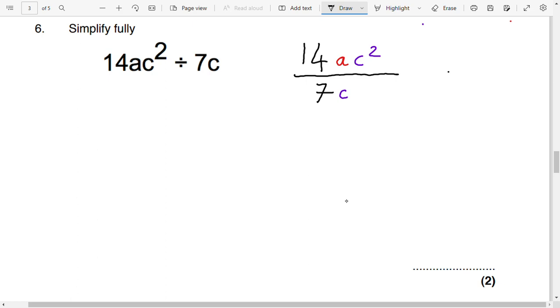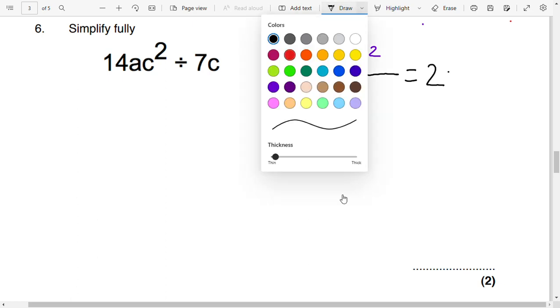14ac squared divided by 7c. So remember, we only work with things that are the same terms, so numbers and same letters. So let's start with the numbers first. 14 divided by 7, super easy. That is 2. Okay, then we have a divided by nothing. There's no other a's there, so a's just stay the same.